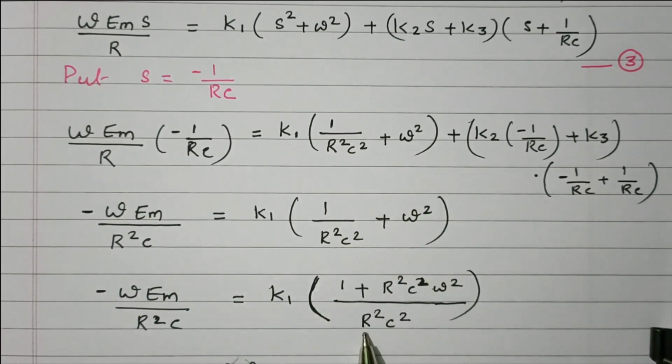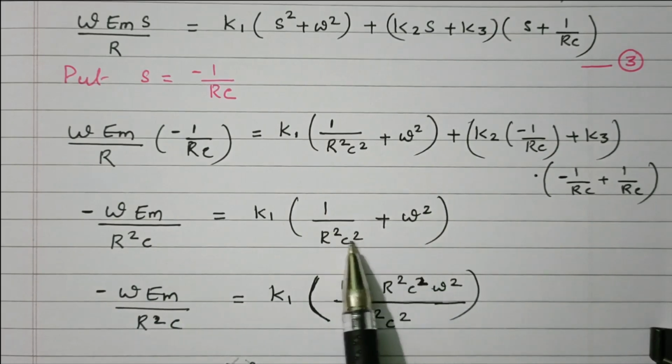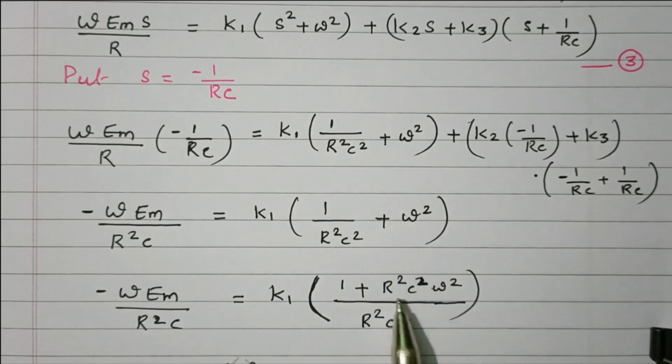Now we'll take the LCM of this term commonly: 1 plus this term, which is not available here, so it is multiplied: R square C square omega square. So finally we got this value. Now our aim is to find k1, so we bring this term into the denominator.